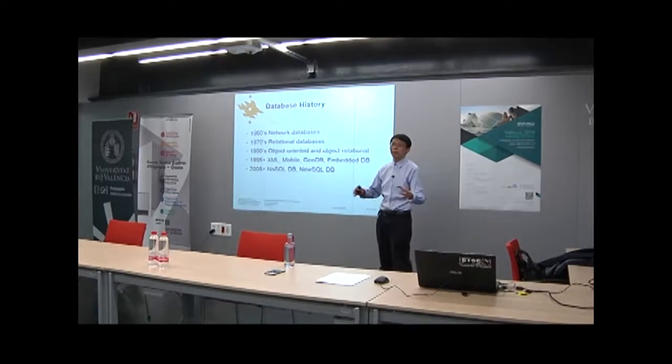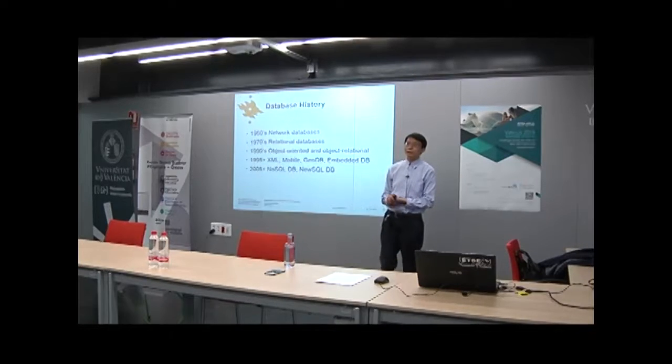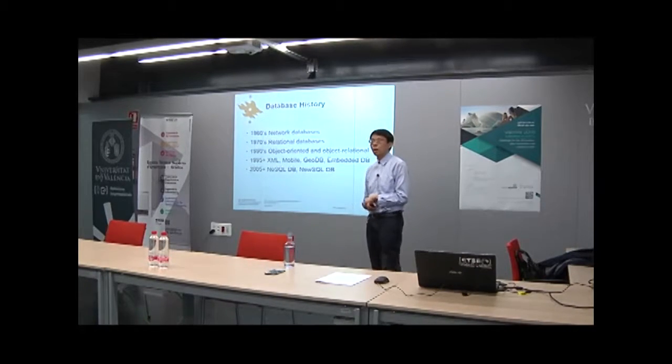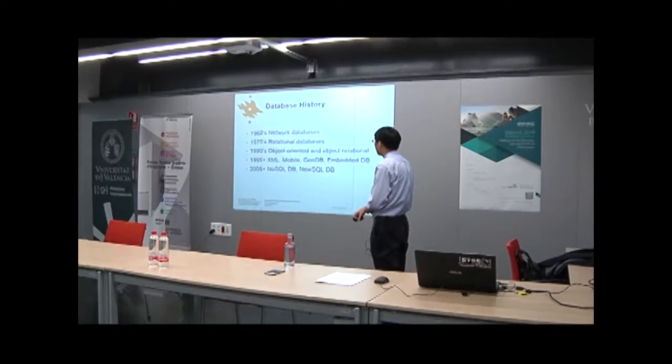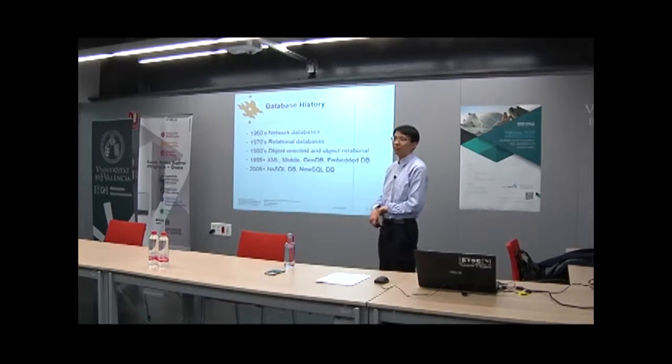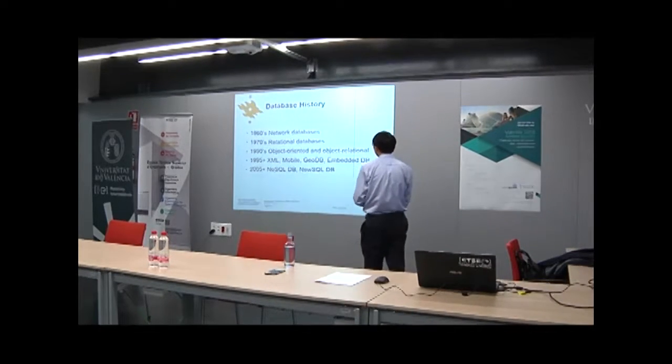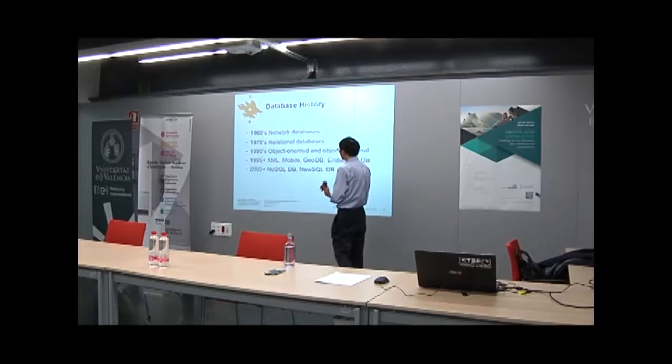So we have more and more types of databases for different kinds of applications. Then in 2005, we have the big data change. Then we develop some new NoSQL databases or some new SQL databases. So today, we will focus on the NoSQL database.